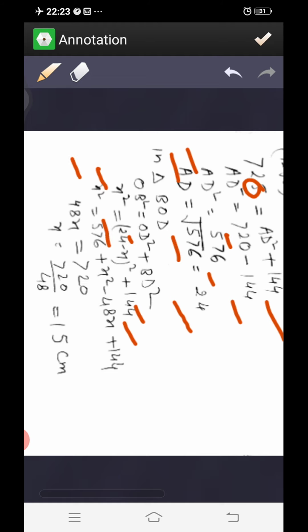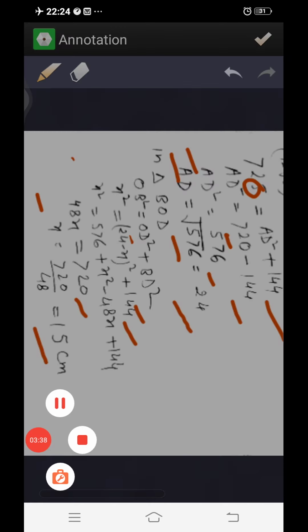So x square equal to 24 square, 576, plus x square minus 48x, using a minus b whole square, then 144. So x square cancels on both sides. We get 48x equal to 720, so x equal to 15 centimeter. So the radius of the circle will be 15 centimeter.